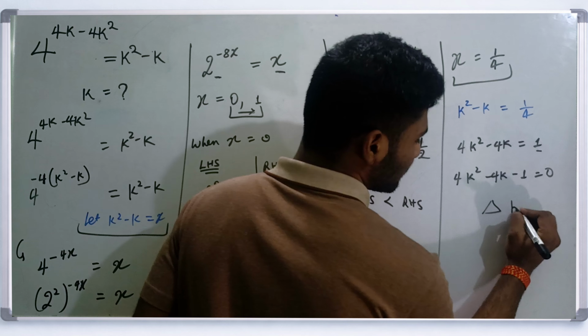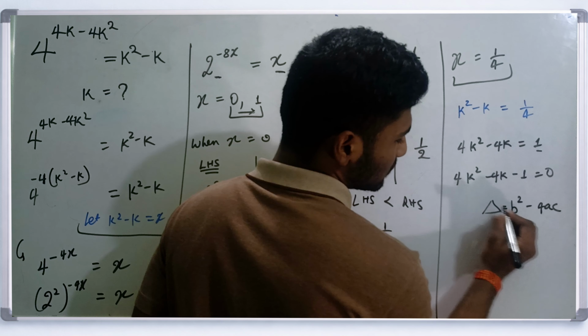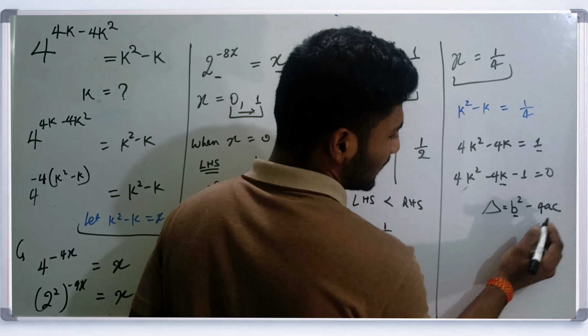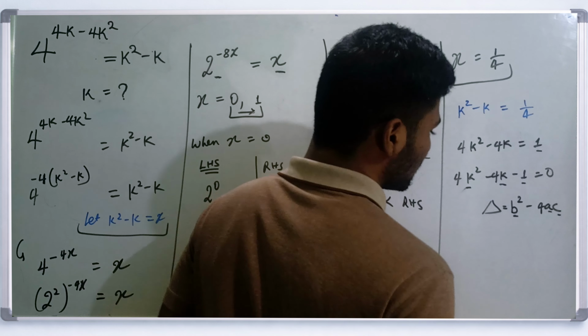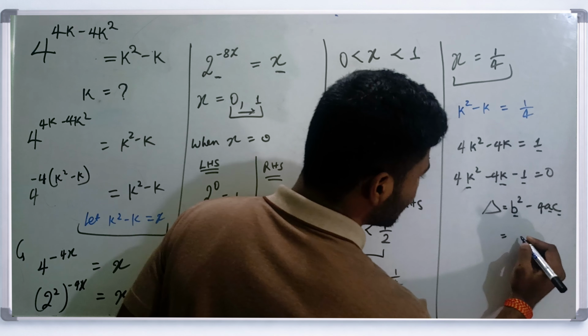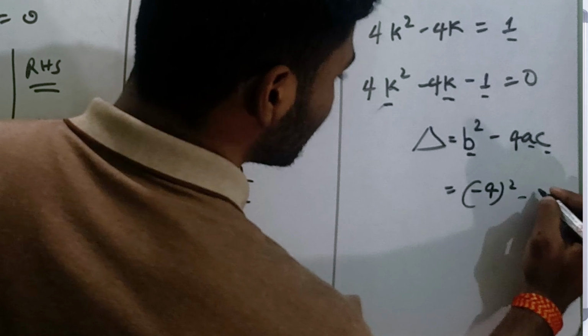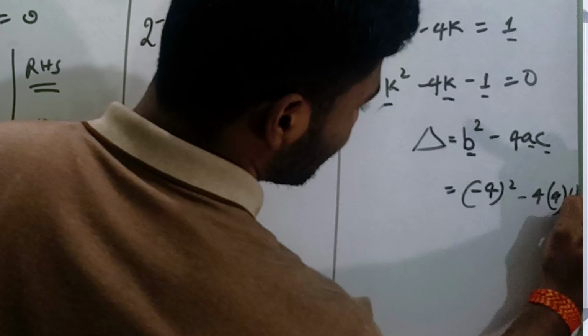So the determinant is given by b square minus 4ac, where b is the coefficient of k, a is the coefficient of k square, and c is minus 1. So we get b square as minus 4 square minus 4 times a, which is 4, and c is minus 1.